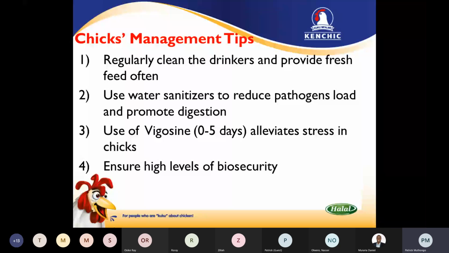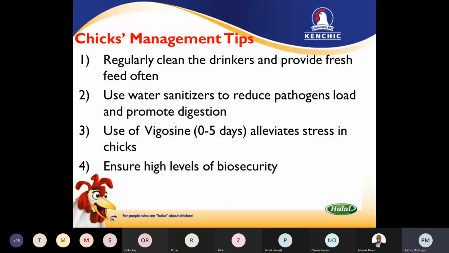You can always introduce adequate electrolytes in clean water, use of supplement like Vigocin, which has some very good nutritional benefits for the bird. You can use water sanitizers to reduce pathogen load and promote digestion. This is in case of use of acidifiers like Celco pH and agrocid.